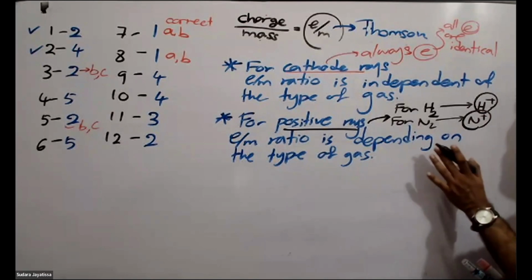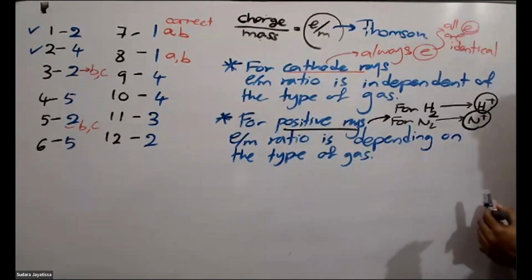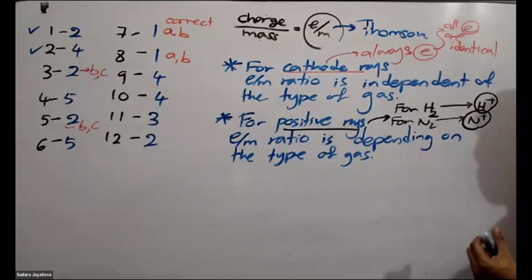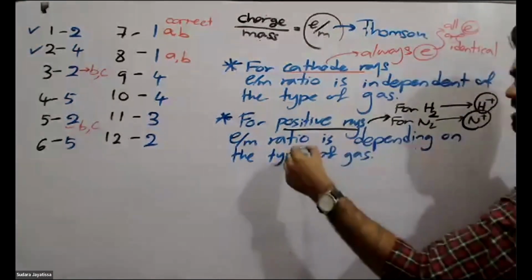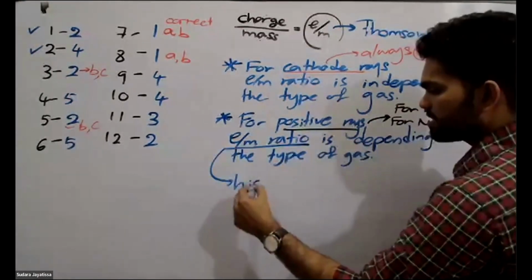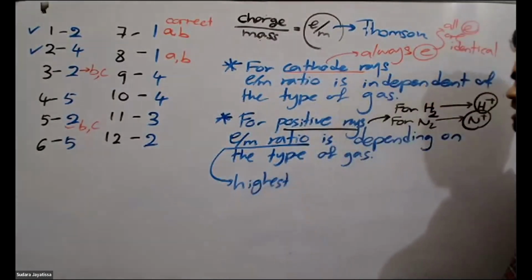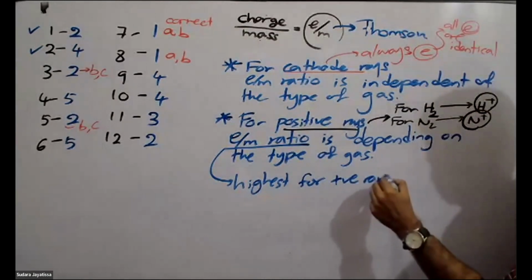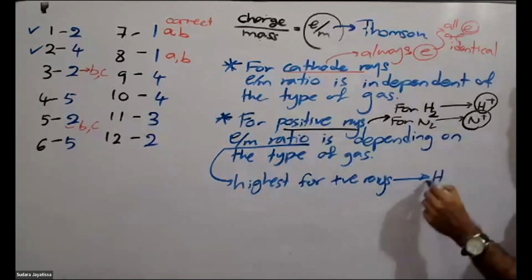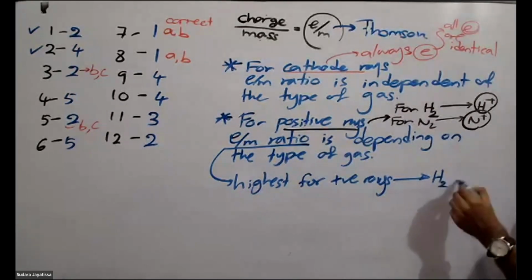So just remember that as a point. And we can add something more. We can say this point also. Which gas gives the highest e/m ratio for the positive rays? Hydrogen gas.